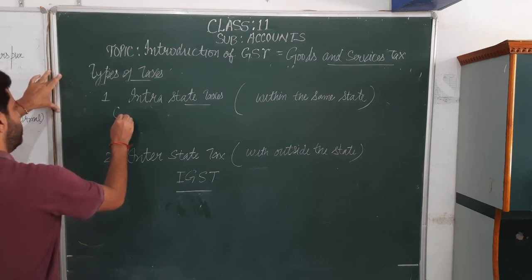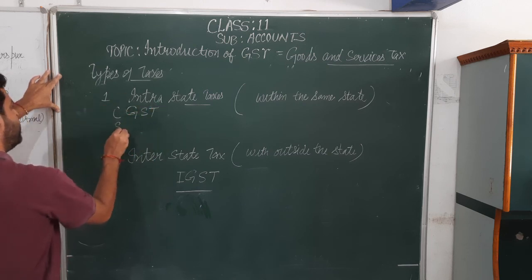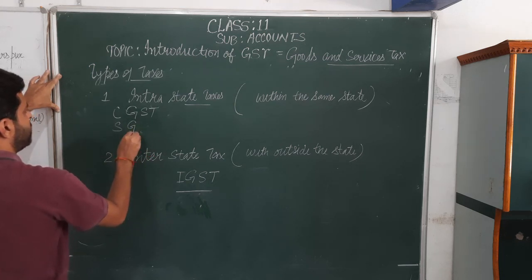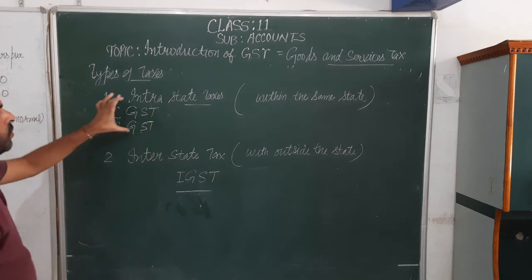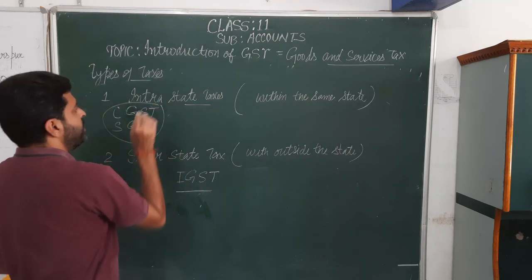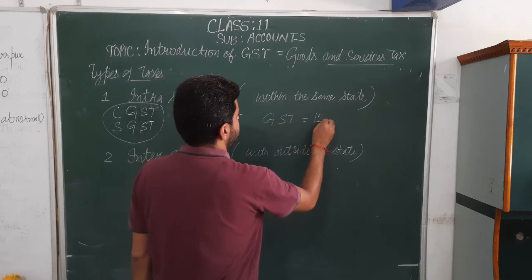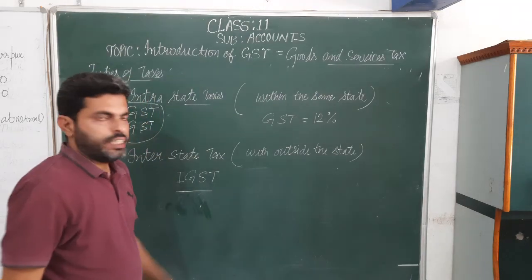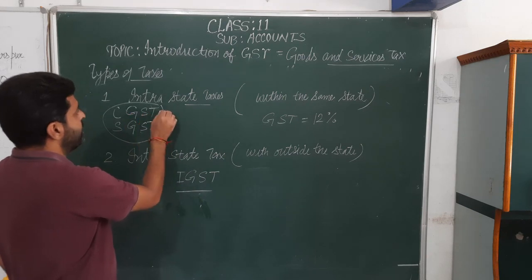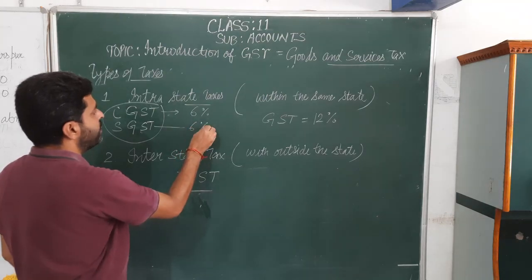First, CGST and SGST. Suppose the GST rate is 12%. In this case, 6% is CGST and 6% is SGST.